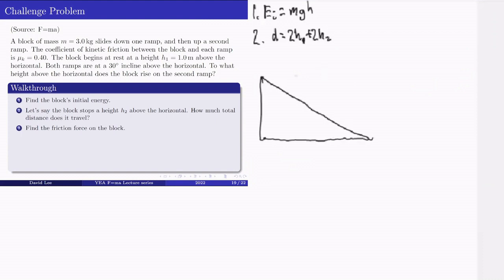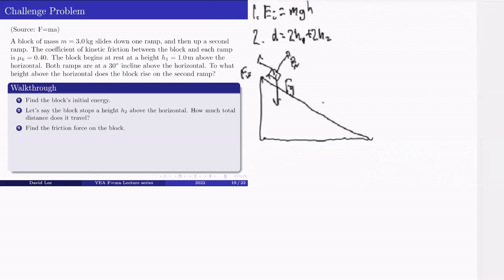So we have our block here. There's going to be three forces on it. There's going to be the gravity force, the normal force, and a friction force.